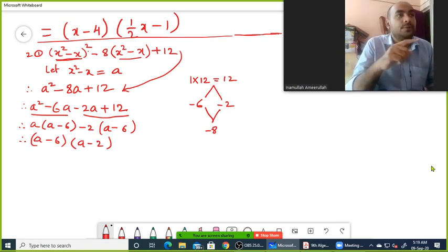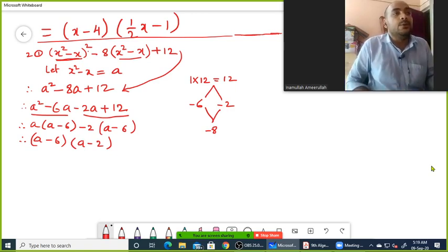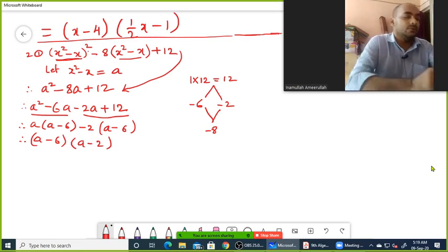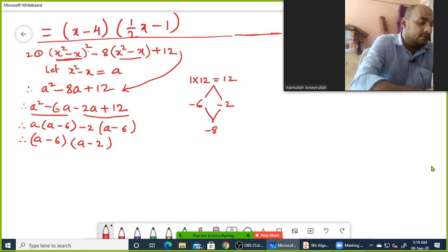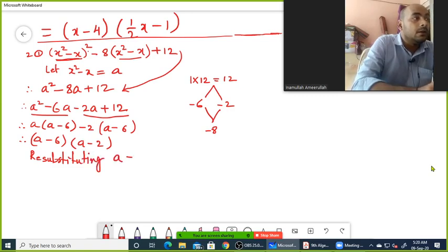It should be in the form of x itself. So here we will resubstitute the value of a.